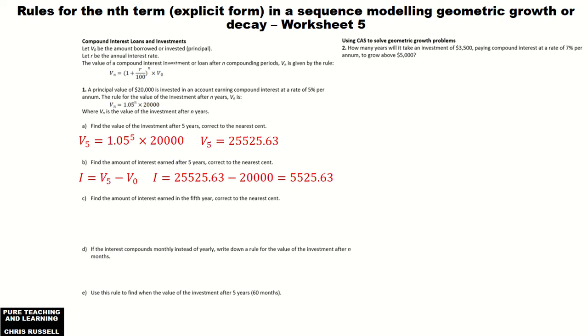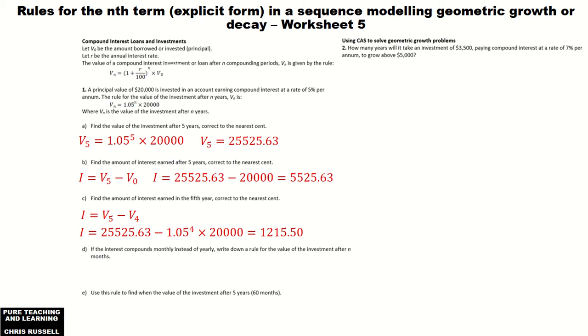C. Find the amount of interest earned in the 5th year, correct to the nearest cent. The difference between what we did in B to C is now we've got the interest equals the amount after the 5th year, subtract after the 4th year. So now we have the interest equals $25,525.63, subtract, and here you can just put in the rule for the 4th year and just substitute 4 for n.